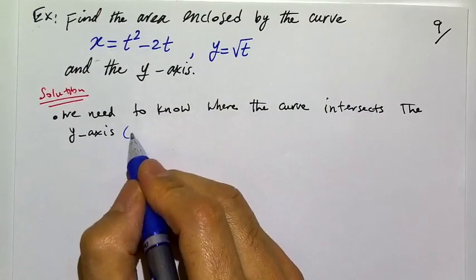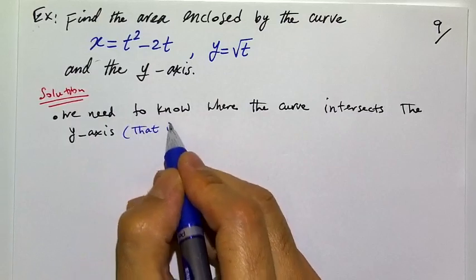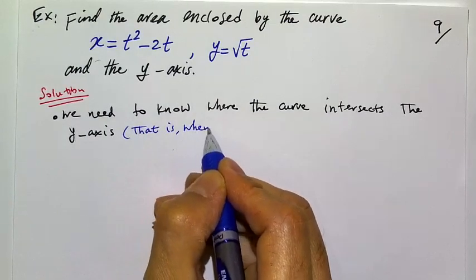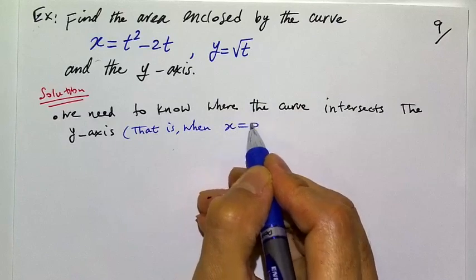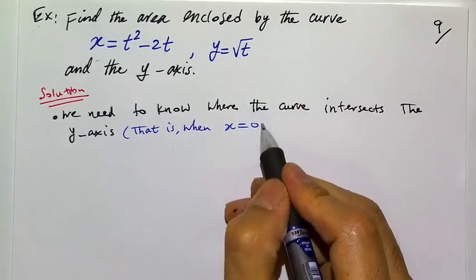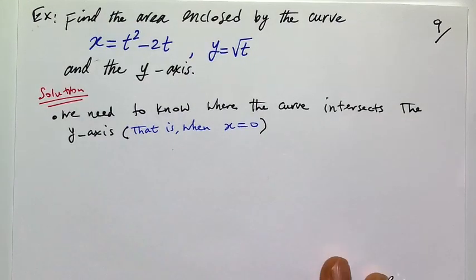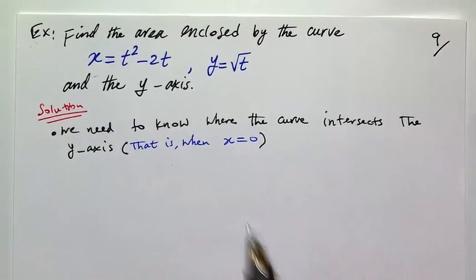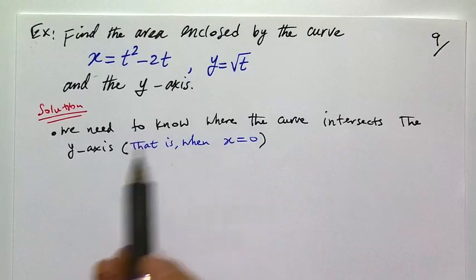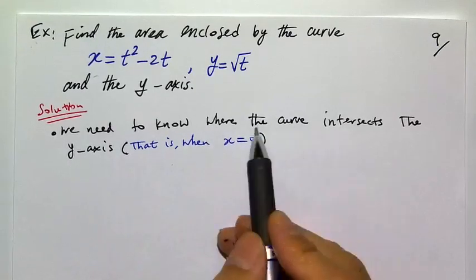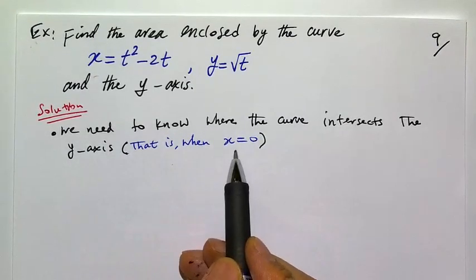And so that is when x equals 0, right? Or the y-intercept. Okay, so the curve intersects the y-axis when x equals 0.